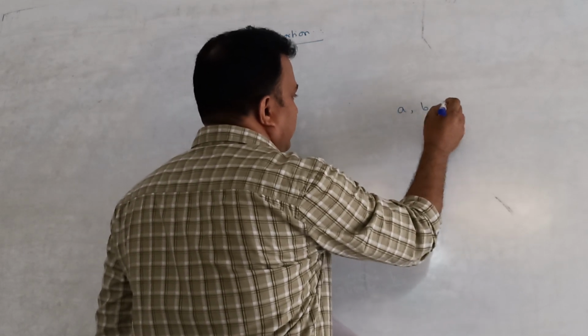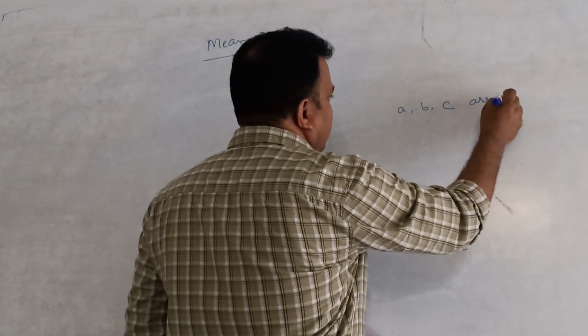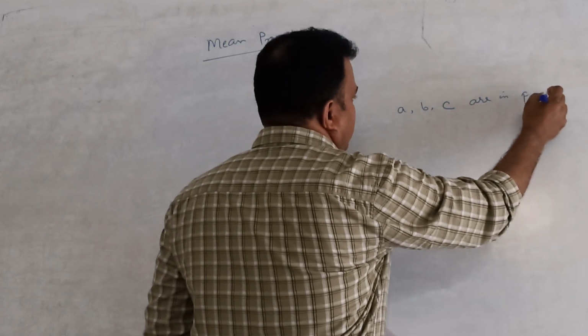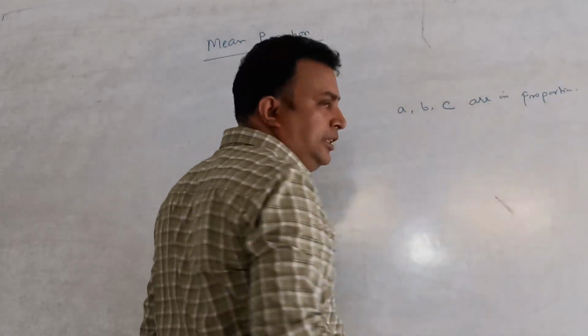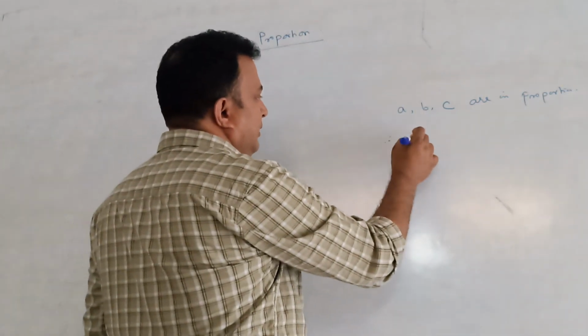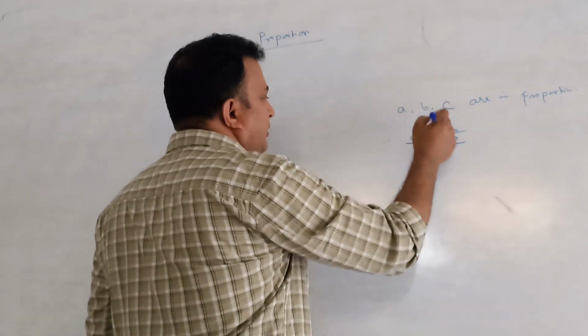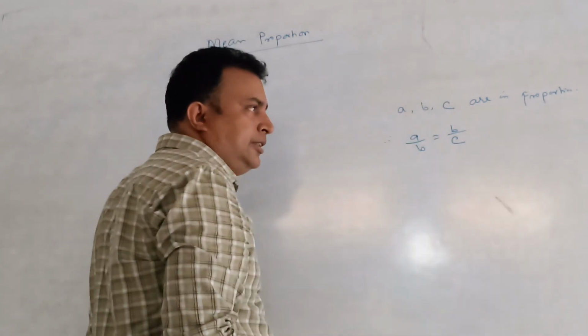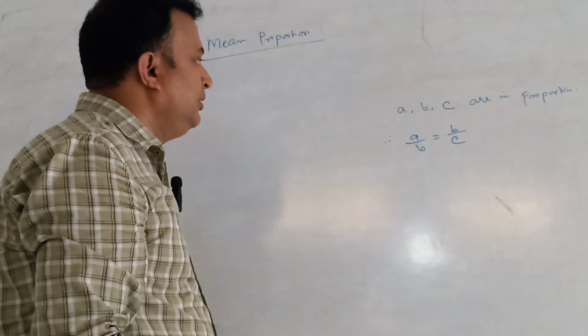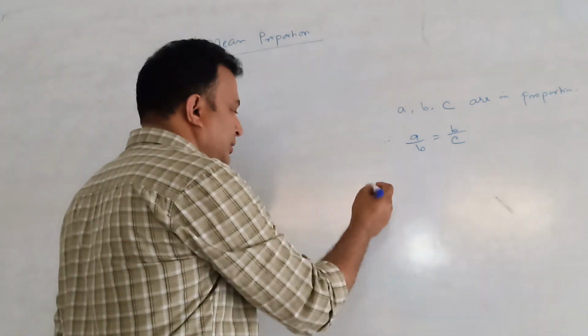Suppose three terms A, B, C are in proportion. Then we can write A by B is equal to B by C. If A, B, C are in proportion, we can write this.